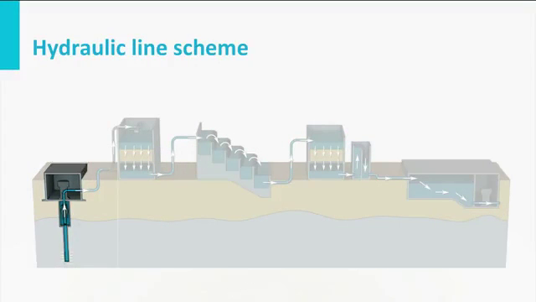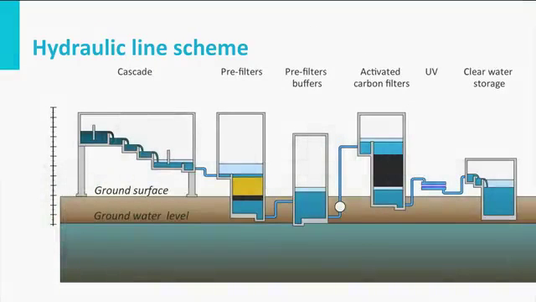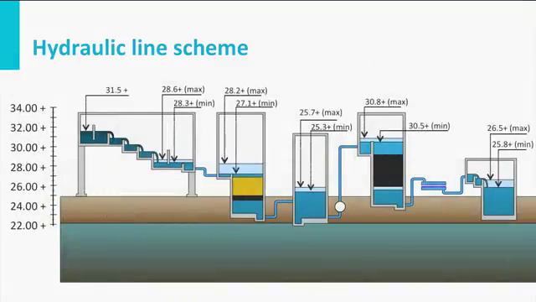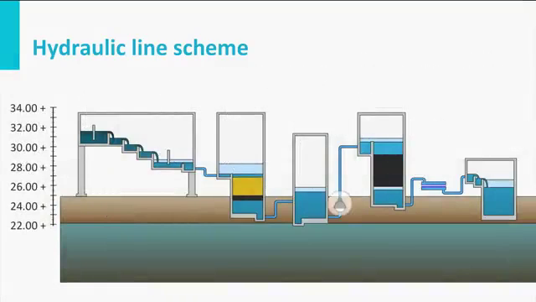In some situations, the boundary conditions, maximum building height or foundation depth, are such that an additional pumping phase is needed. The hydraulic line scheme indicates the heights of the treatment processes and the head losses. In addition, it demonstrates the need for extra pumping phases, including the extra buffer to level off in- and outflow differences.